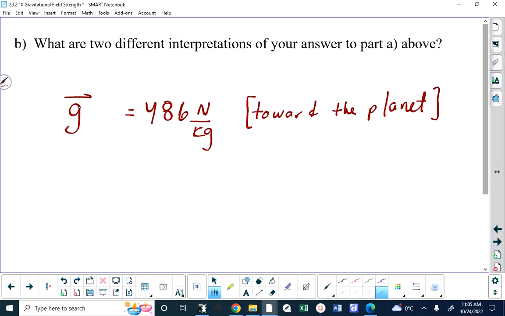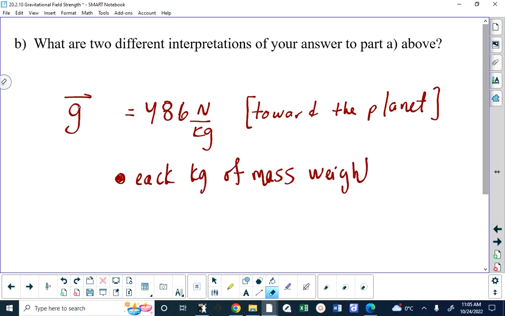That's one interpretation. Each kilogram of mass weighs, weight is a force of gravity, weighs 486 newtons.